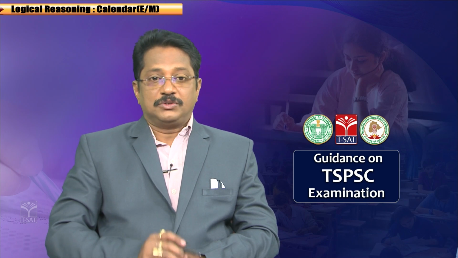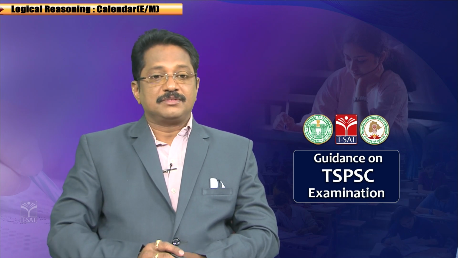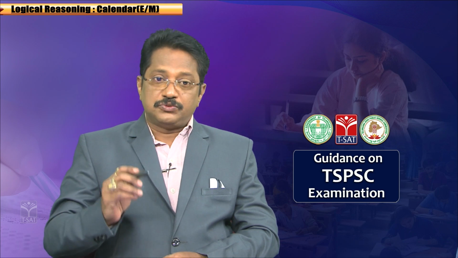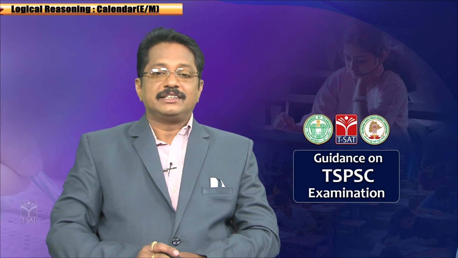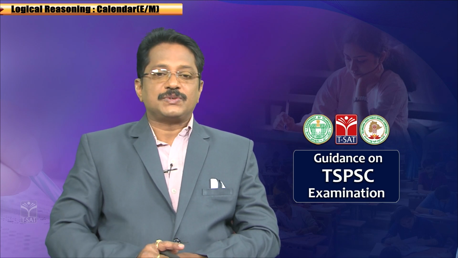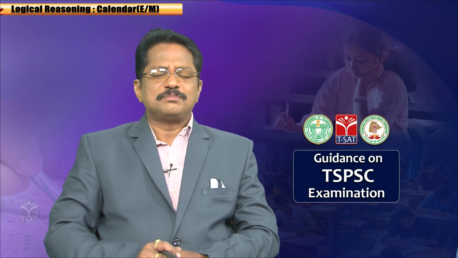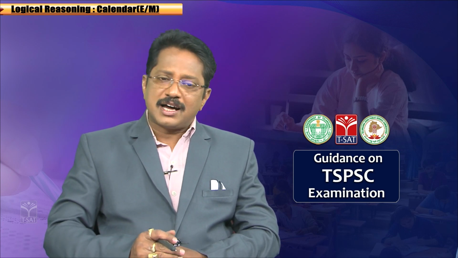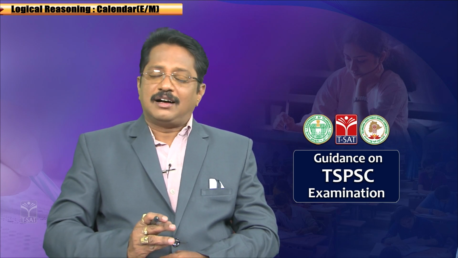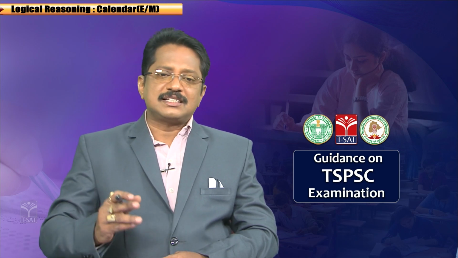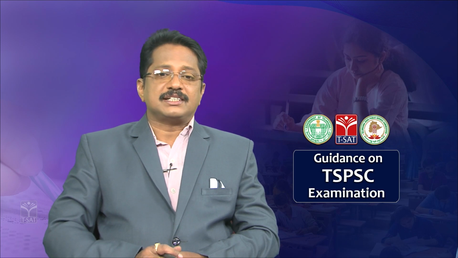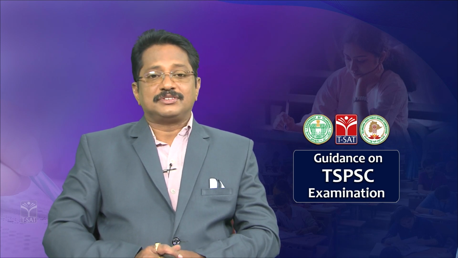The 7 months that have 31 days, everyone knows them: January, March, May, July, August, October and December. Clear? These are the 7 months which have 31 days. So that is the importance of these things.